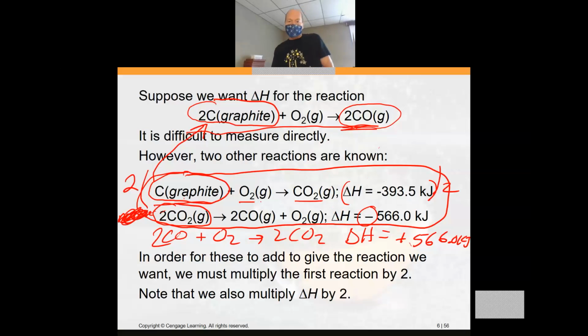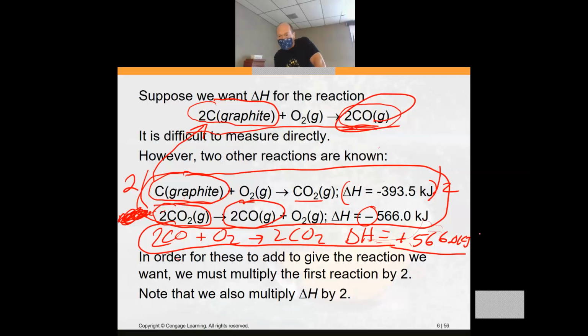We have to have CO as a product, and we already have CO as a product. I'm reversing it because I think this is the way the data should have been given. The data should have been given this way, because you burned your CO to get your delta H. CO2 does not decompose easily into CO and O2. That is not the data you're going to get in lab.